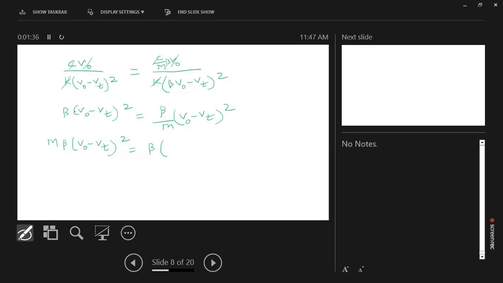Left side I have to put beta inside. Now it is okay, beta V naught minus Vt whole square. So right side it will be like this only. The left side: M into beta V naught minus Vt whole square. Right side: beta into V naught minus Vt whole square.